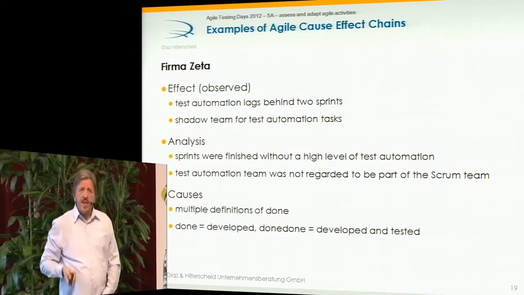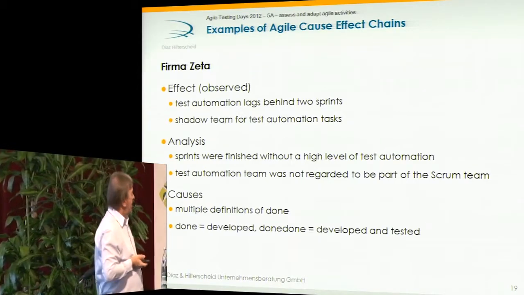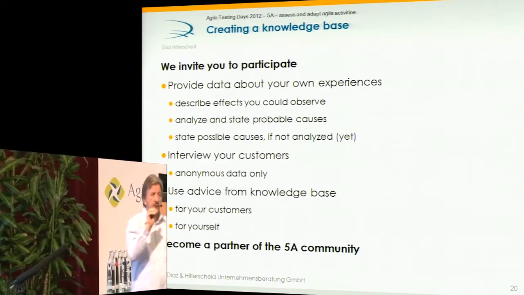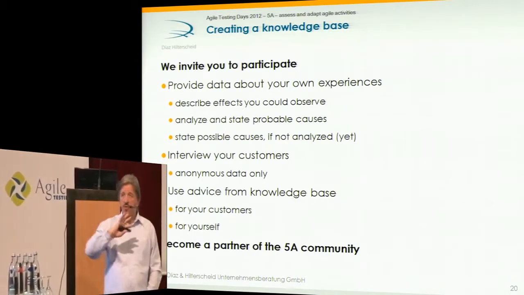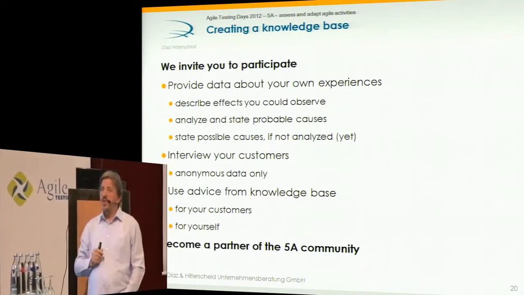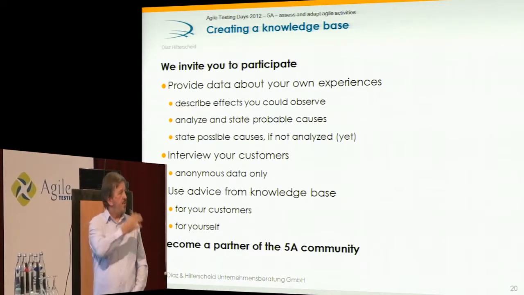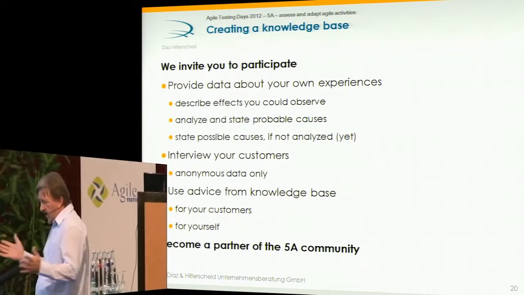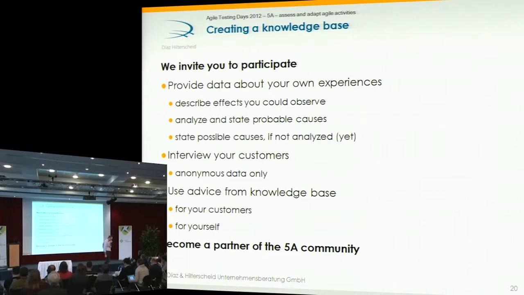So when we had these data, we immediately had the idea of saying, well, let's not make an artificial scheme for how to assess agile activities. Let's try to use these sort of data. Let's try to get more of this data, and let's try to identify some patterns in this data, and then make that available to you, to the community, so that you can use that for your projects, so that you have a source of information.